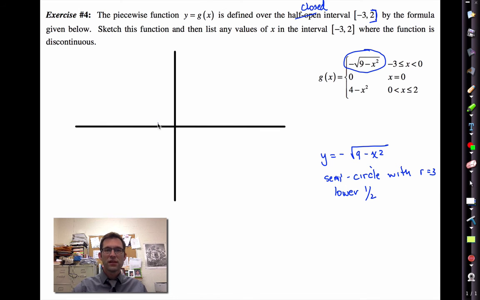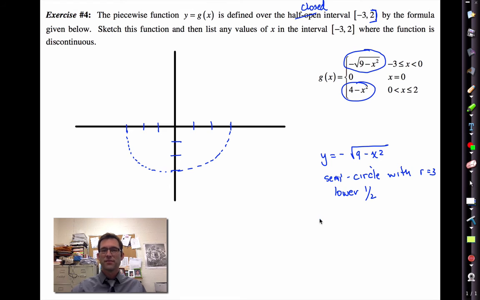All right, so let's graph that. 1, 2, 3. Remember, what I'm going to do is I'm going to graph it in dashed. We'll fill it in later. So it looks something like that.